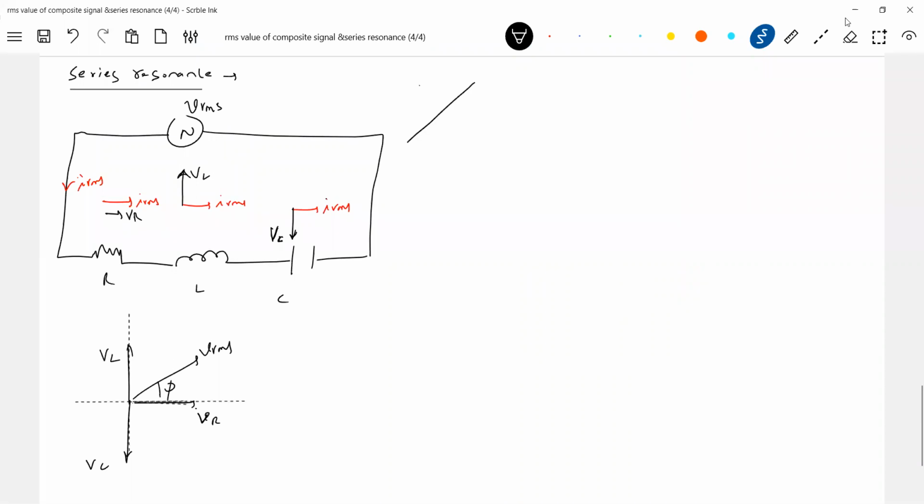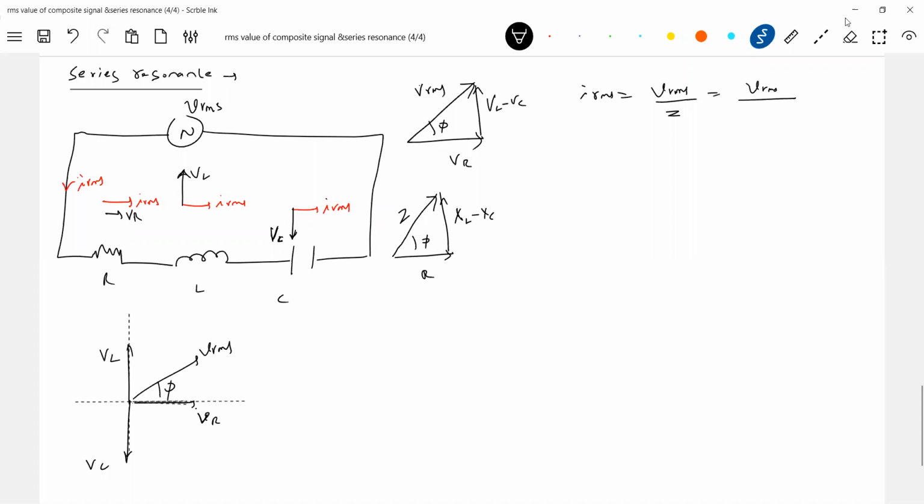So from the voltage triangle, VL minus VC, VR, and this is VRMS. From this, we'll get the impedance triangle. Now let's write the expression for current I. So IRMS is equal to VRMS by Z. What is impedance?